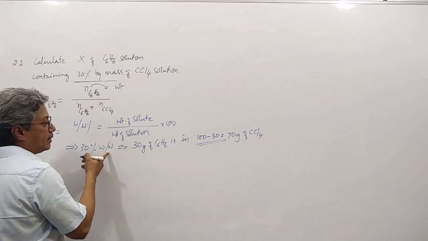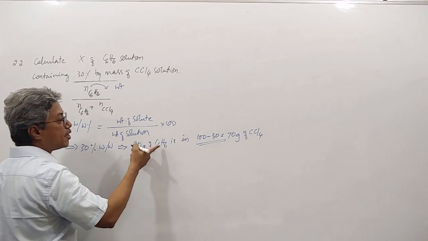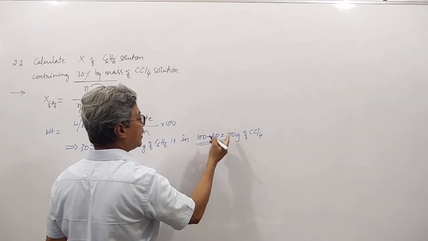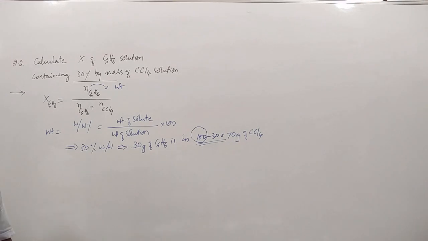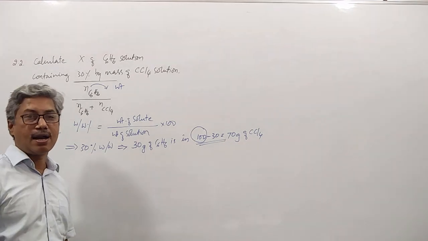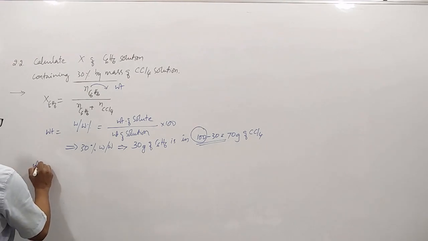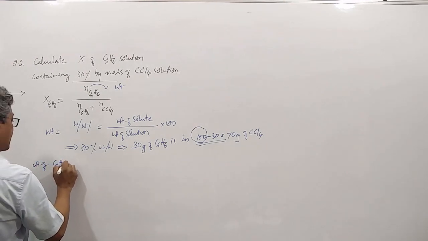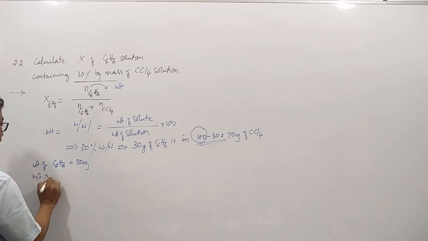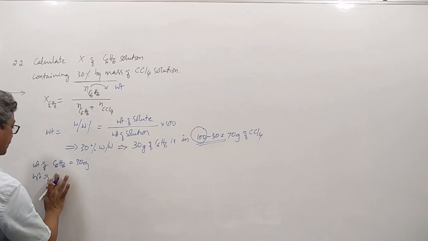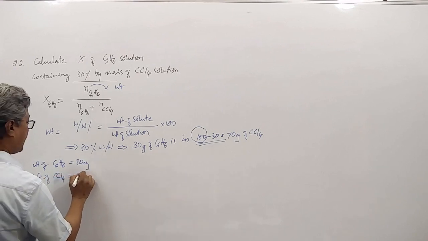So the total weight of the solution will be 100. Is it clear? So weight of C6H6 is 30 gram and weight of CCl4 is 70 gram.